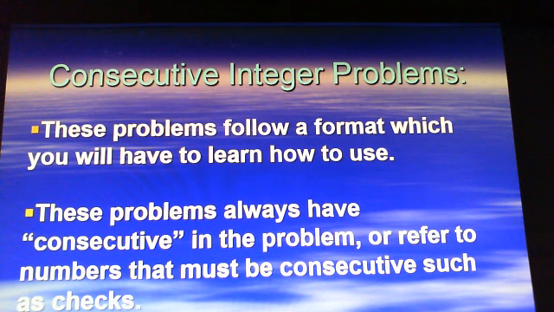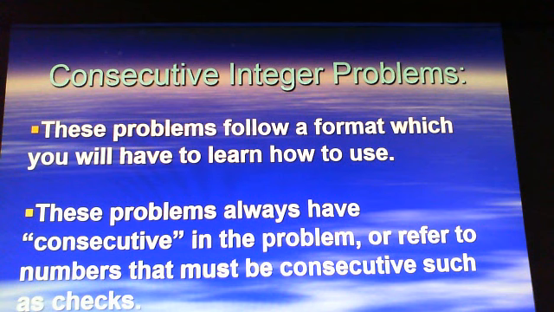This one has a specific pattern that you have to memorize. You'll know that you need to use this pattern because they're going to give you the word consecutive in your problem, and they'll also say what kind of consecutive it is. So if they don't specify whether it's even or odd, then you know it's consecutive integers. But otherwise, they will specify even or odd.